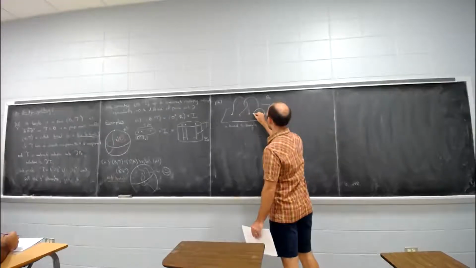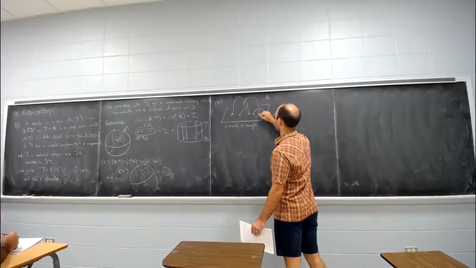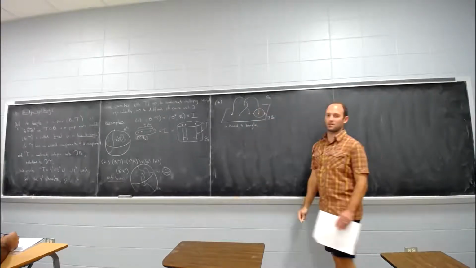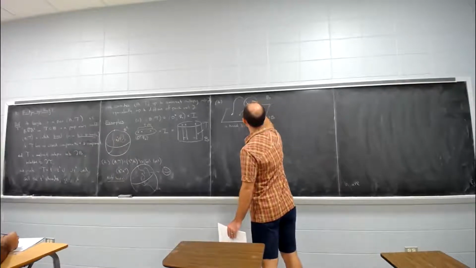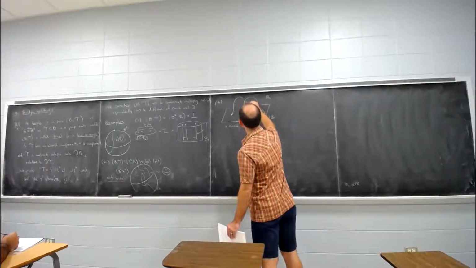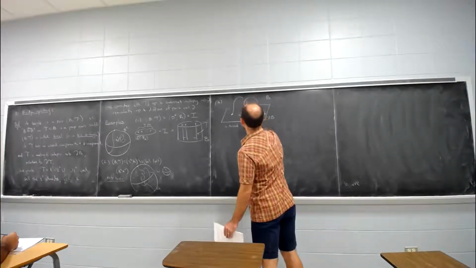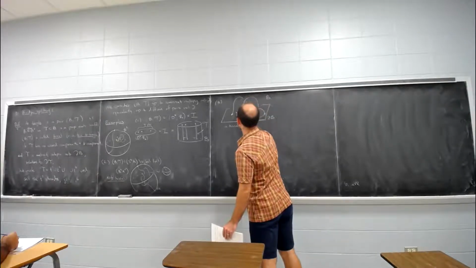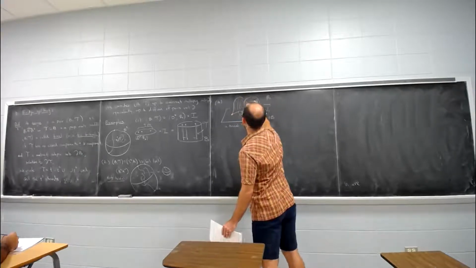So for one, we can fold this arc down to the boundary like that, right? And then we can take this arc here, and we can fold it down along there, and then it loops around back and folds down there.